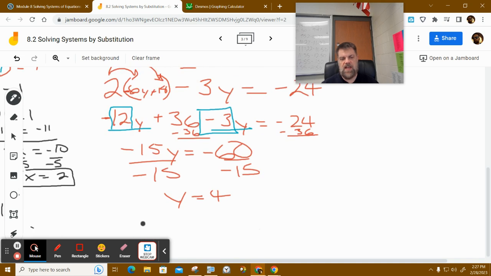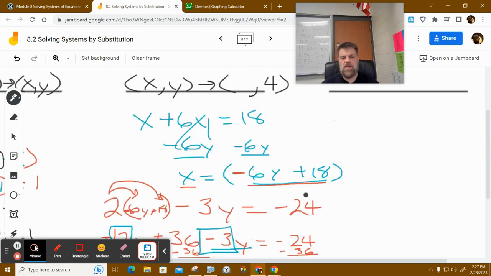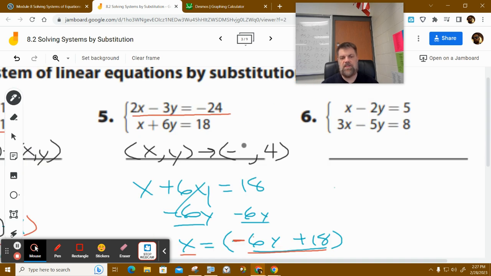So we said that x is equal to negative 6y plus 18, or negative 6 times 4, plus 18, which is equal to negative 24 plus 18, which is equal to negative 6. So this is negative 6.